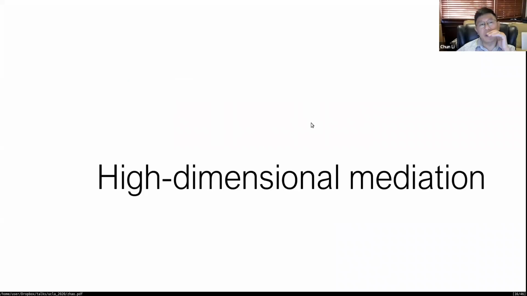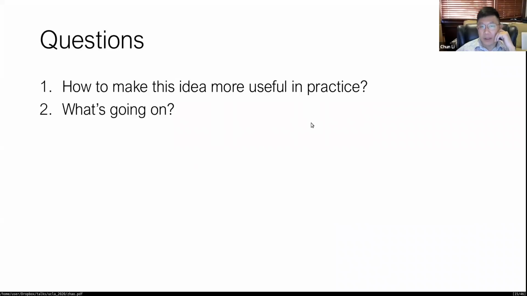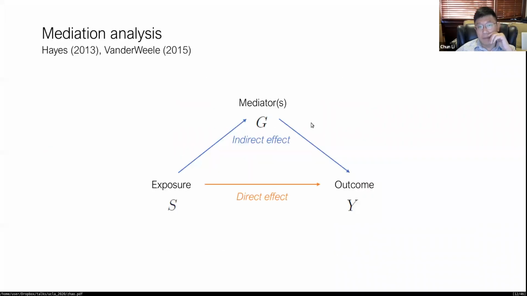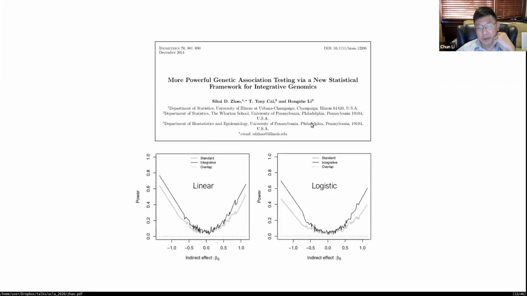I have a quick question. Yes. I understand that you may have a power gain when you have a single S and a single G. But in GWAS, we often have a million S and tens of thousands of Gs. Is the power gain still there when you consider all the combinations? Yes.